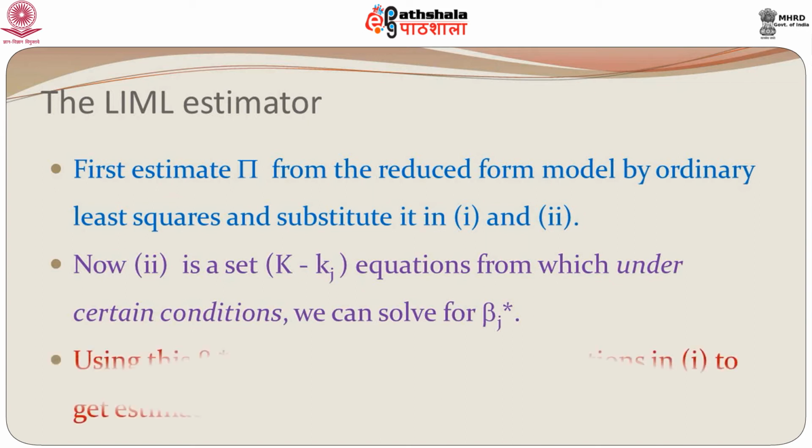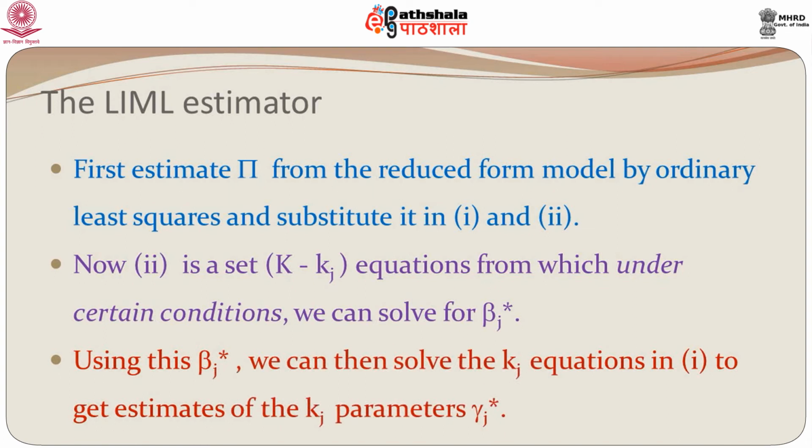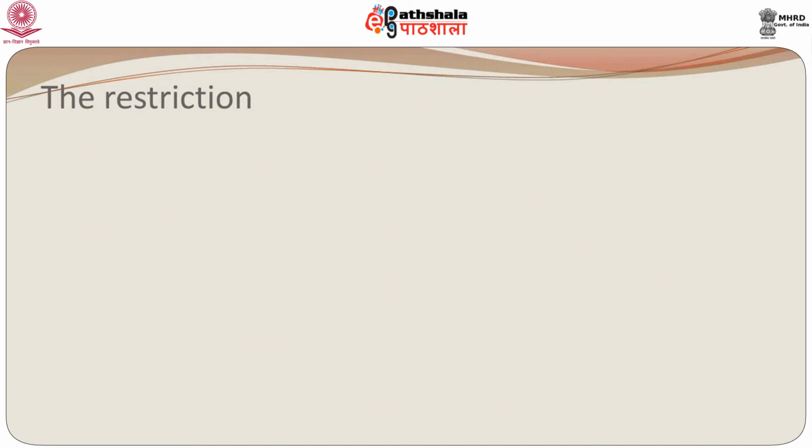Then using this beta j star in the first equation, we have the estimate of beta j star, and we have pi 1 1 hat also. So, the only unknown in the first equation becomes gamma j star, and we can solve for gamma j star from the first equation itself. This is what the LIML does, but there are certain constraints to this. Let us look at these constraints.